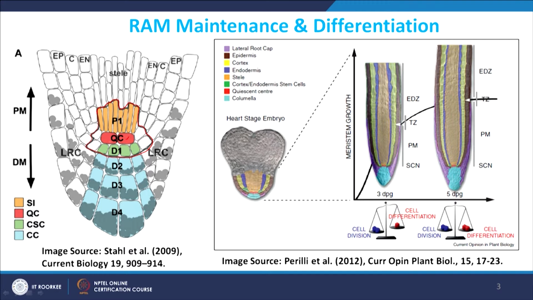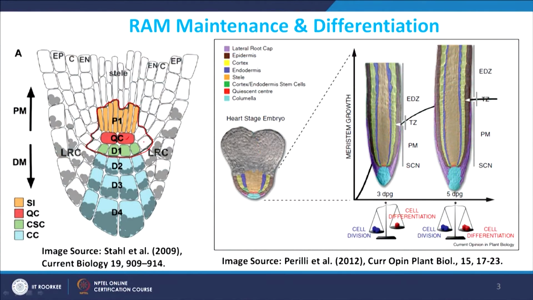But the next step is differentiation. These initial cells, depending on their position, give daughter cells that take different identity after cell division. Let us assume if these cells divide here, there are two daughter cells.